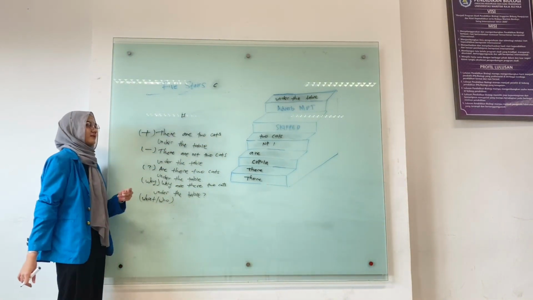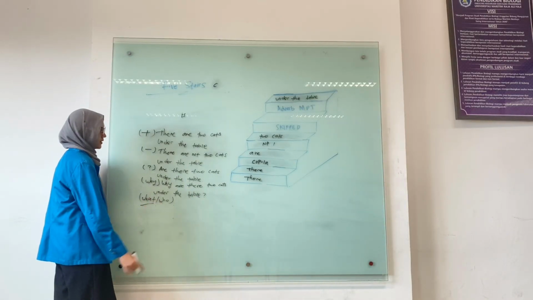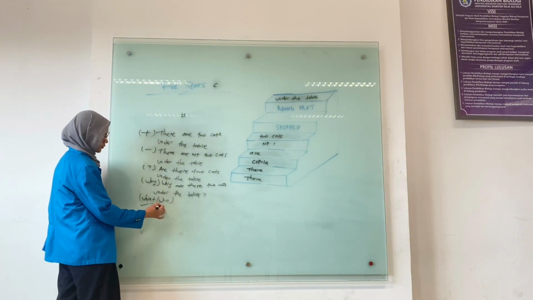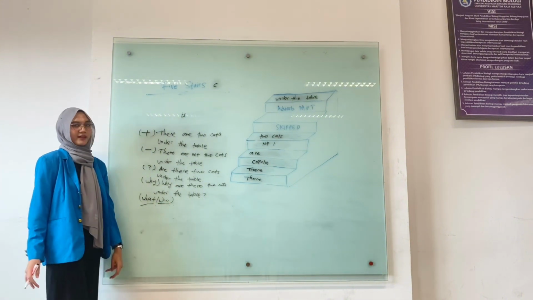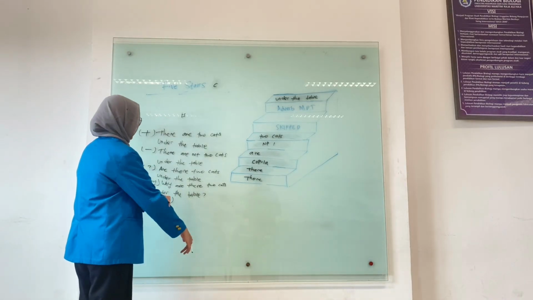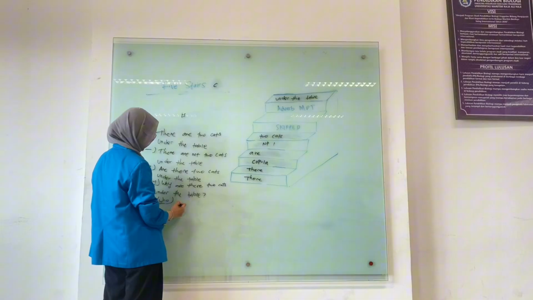If the NP1 is a thing, like an animal, we use what. But if the NP1 is a person, we use who. Because I use cats, and since cats is an animal, I use what.